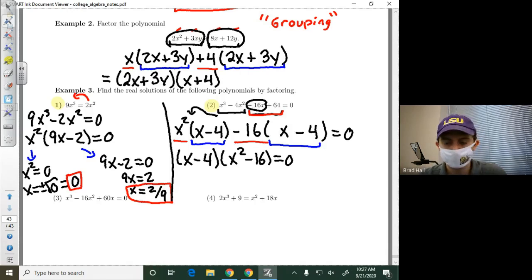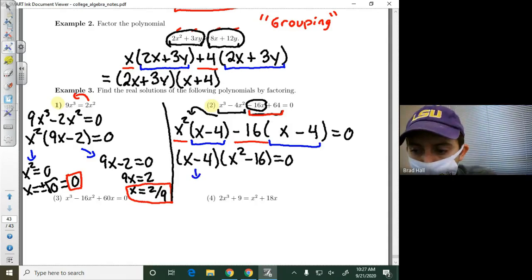And then from here, we have a factored form equal to 0, which means that we can break this up.